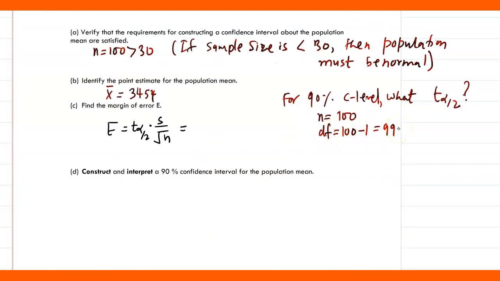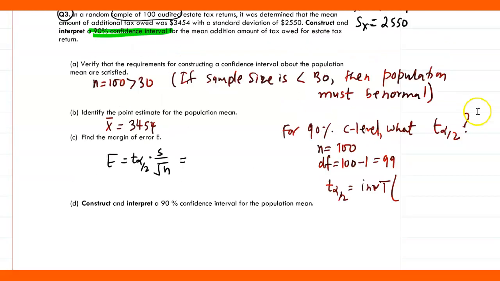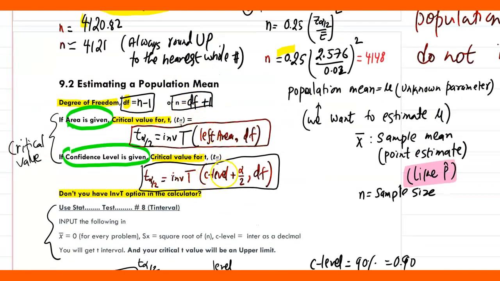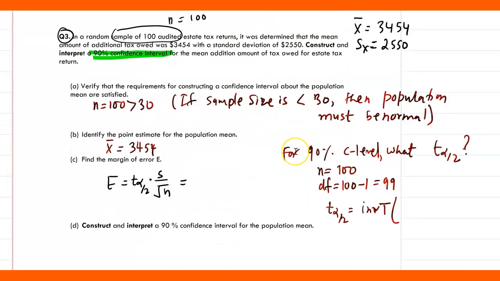Okay, now let's find t alpha over 2. T alpha over 2 is going to be invT. What's the formula again? I mean the calculator function here: invT of C level plus alpha over 2 comma df. What is the C level here? C level here is 0.90 plus alpha, which is 0.10, divided by 2, comma 99.